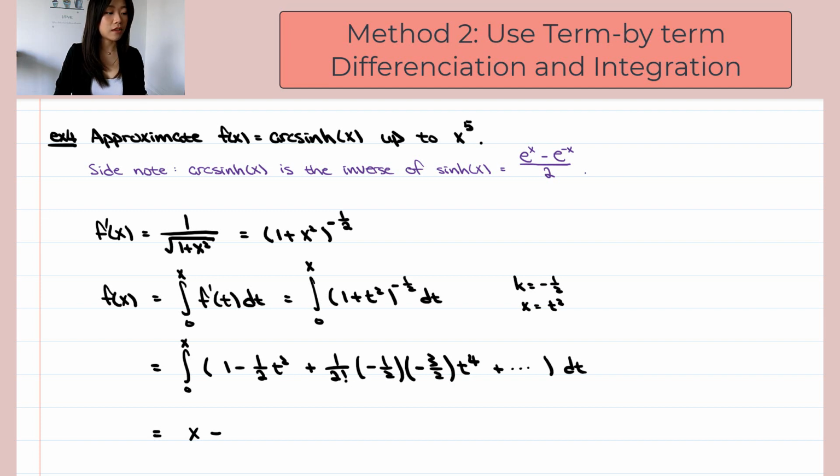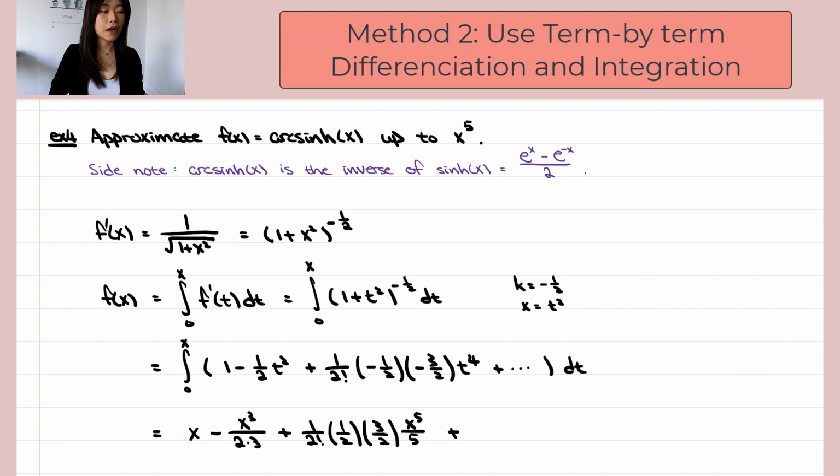So we get negative x cubed divided by 2 times 3. Then the next term, I have the constant 1 over 2 factorial, then times 1 over 2 and 3 over 2. And the integral of t to the power of 4 gives x to the power of 5 divided by 5 after substituting the bounds. And here we already have a degree of 5, so we don't need to worry about the other terms. So this is an approximation of the function up to degree 5.